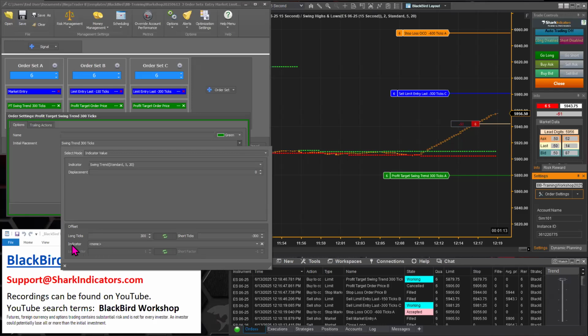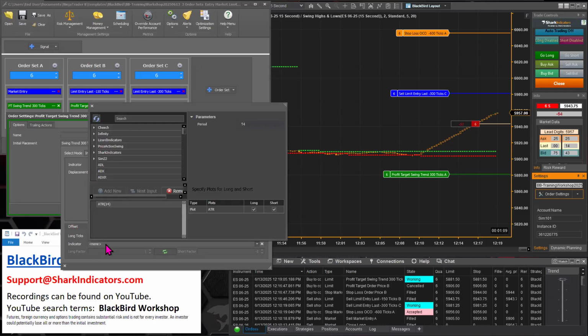So when you're using an indicator in the offset section, this indicator needs to match the output value that the ATR uses, and the ATR outputs a value in points. So it's giving you the average true range in points, not in ticks. So make sure your indicator does that.